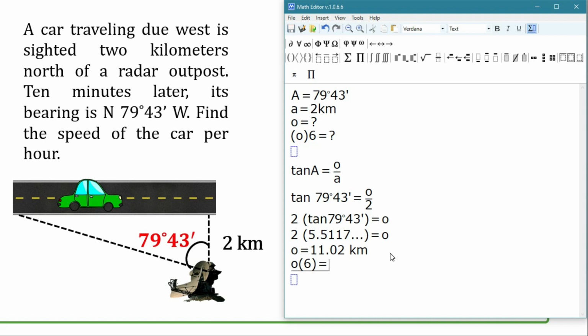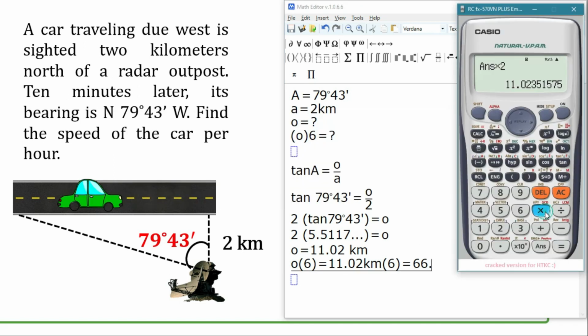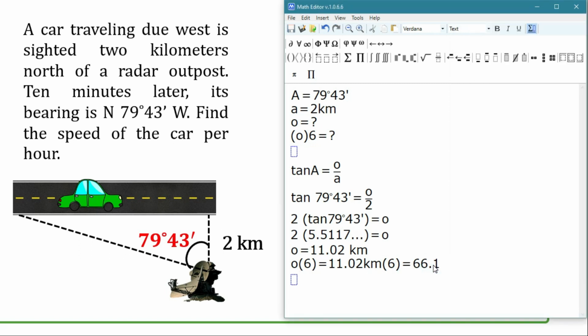That is 11.02 kilometers multiplied by 6. Let us use the calculator to be more accurate: that is 66.14 kilometers.